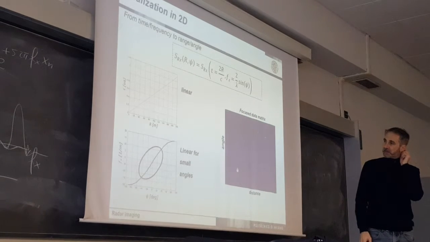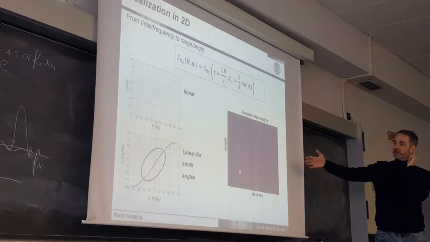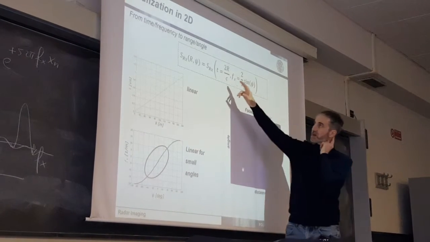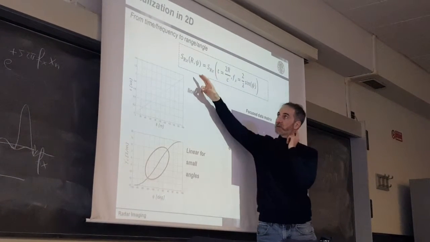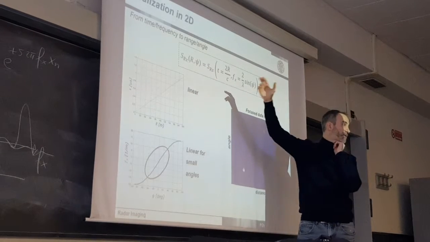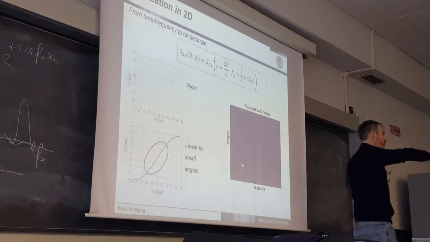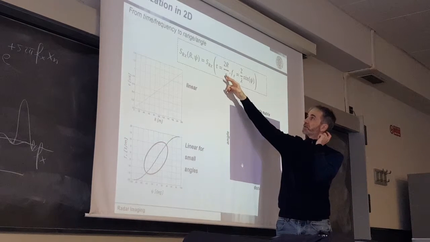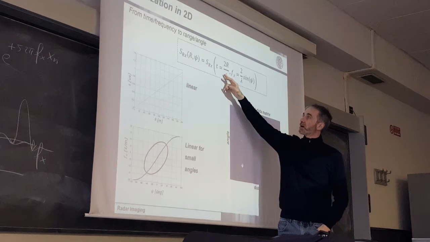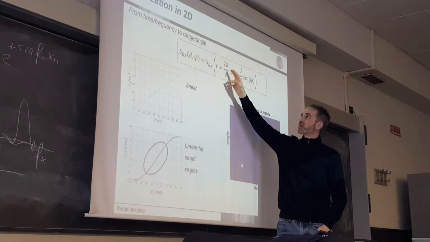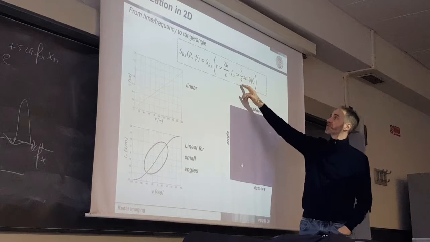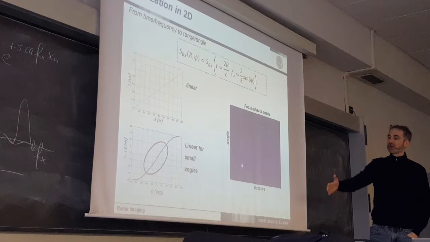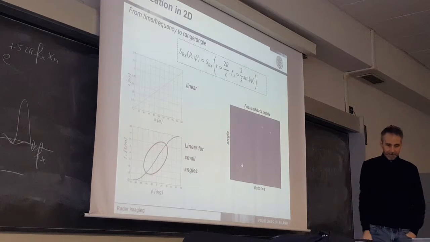But of course, it is easy to convert this image, for example, from fast time and frequency to range and angles. This is a simple interpolation. All you have to do is to read this image at the coordinates. So this is the correspondence between time and distance, and this is the correspondence between frequency and angles. And so you end up with the same image in distance and angles.